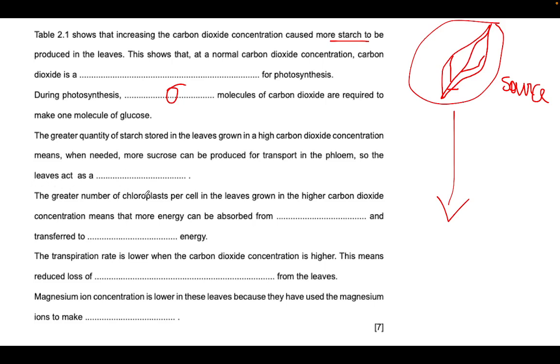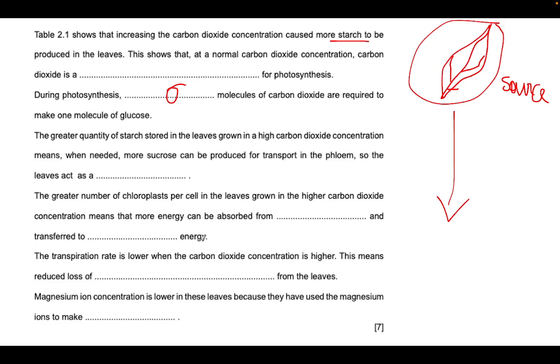The greater number of chloroplasts per cell in a leaf grown in high carbon dioxide concentration means more energy can be absorbed from light and transported to chemical energy. This one also we talked about.